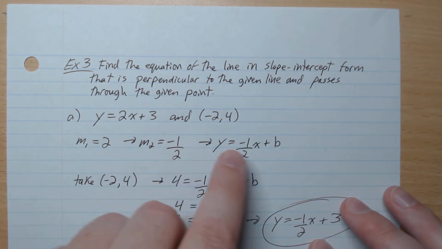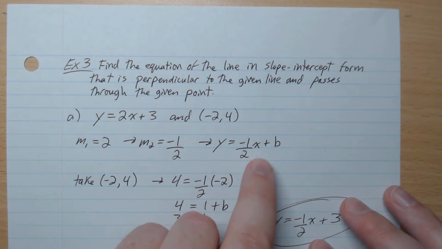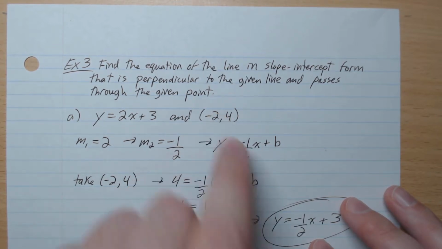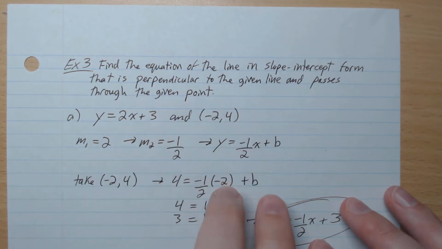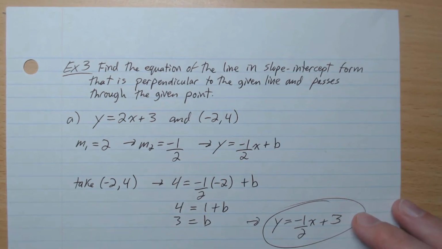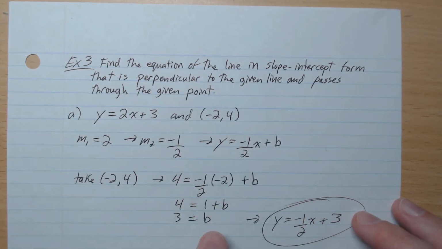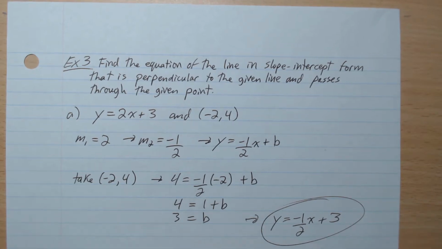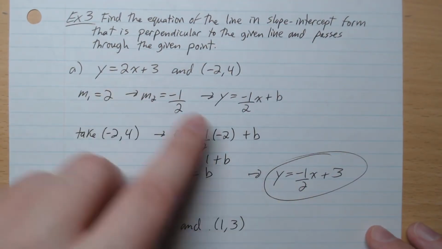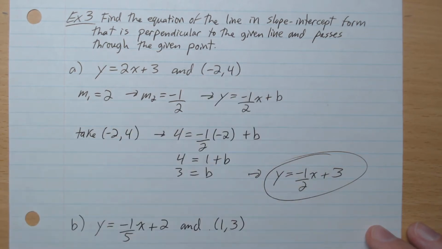And so that's going to be the slope of our second line here, negative 1 over 2x plus b. And we want to pass through this point. So if we plug in this point into this equation, it has to be true. And for it to be true, b has to be 3. All right, so we plug this in and we get b equals 3. And so this is the equation of our line. It is perpendicular and it passes through this point.